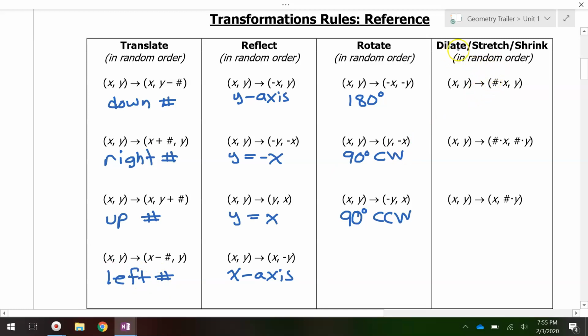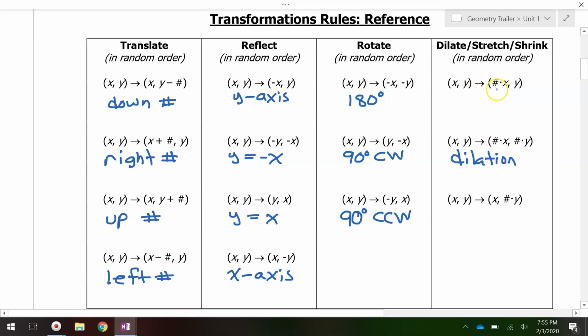And dilations are stretches or shrinks. So if you multiply the x and the y, that's when you have a dilation. And so if the number is bigger than 1, it's going to grow. And if the number is less than 1, it's going to reduce.